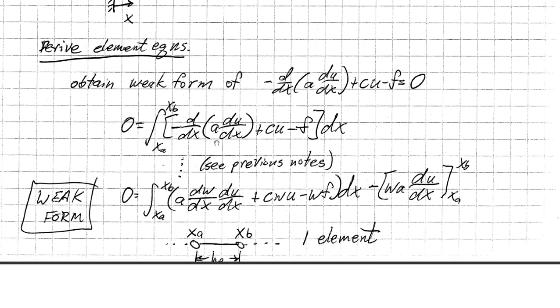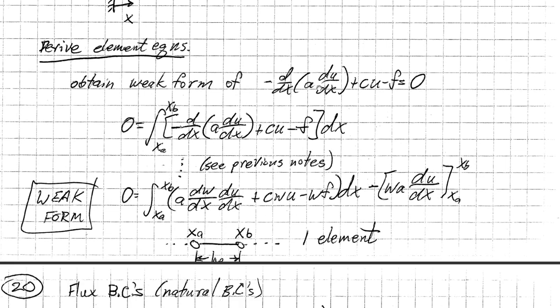Alright, so recall, here's our strong form. We want to put this into a weak or integral form, and then that'll lead to a way to discretize it, or in other words, put it in a matrix. So we put an integral around this, and it looks like one thing that's missing is we should multiply it by a weight function, so there should be a W out here.